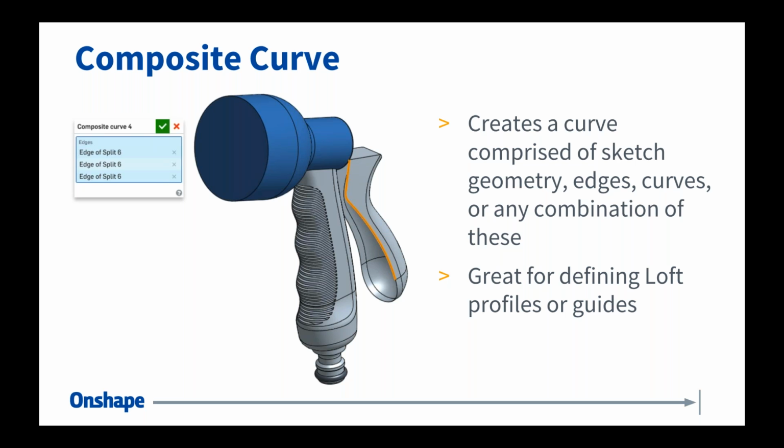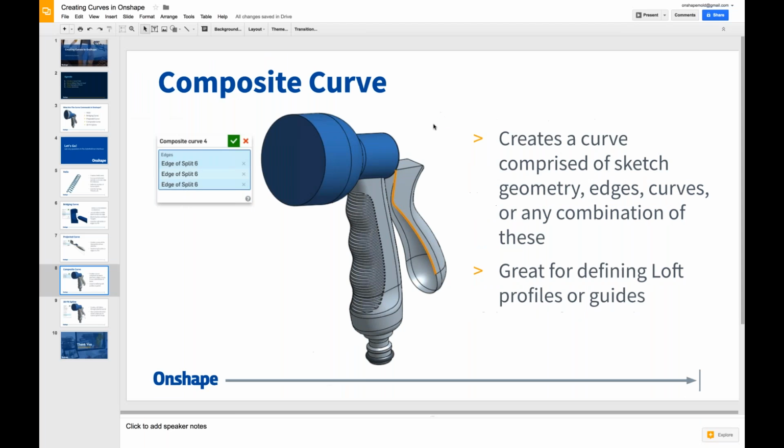So it's great for defining loft profiles. It's also great for defining guides for a loft. And it's useful if you need to take a combination, and it could be a combination of edges of the model, other curves, sketch entities. It could be a combination of any of these things and make it into one selectable entity, right? So let's get into an example of this.